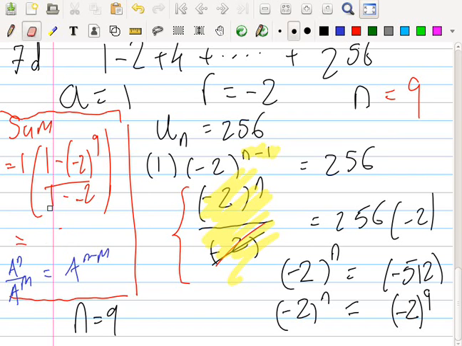But we're doing 7D. Sorry, the answer was 511 over 3, was it? Or 513 over 3. But you all have calculators.